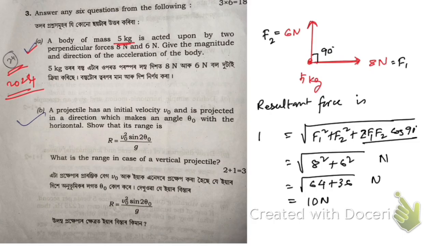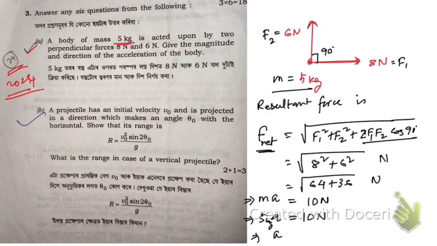So this is the resultant force, the net force. Now let's find the acceleration. Mass is given as 5 kg, and according to the second law of motion, F is equal to ma, so net force is equal to mass into acceleration. So 10 Newton is equal to 5 kg into a, the acceleration.